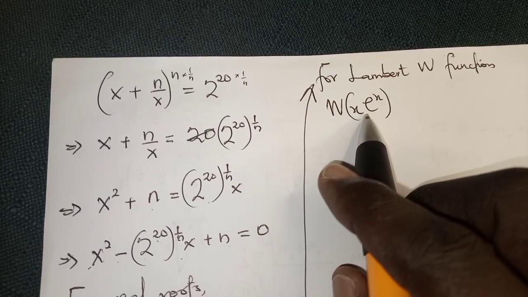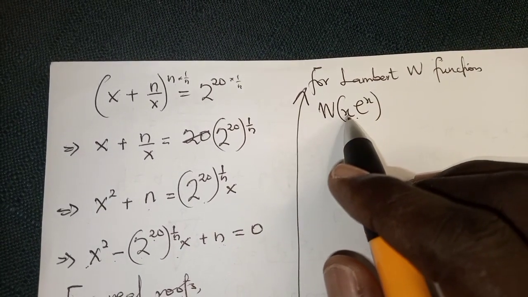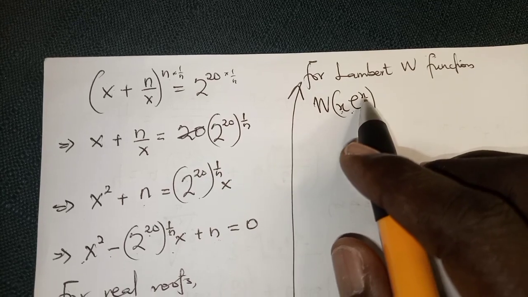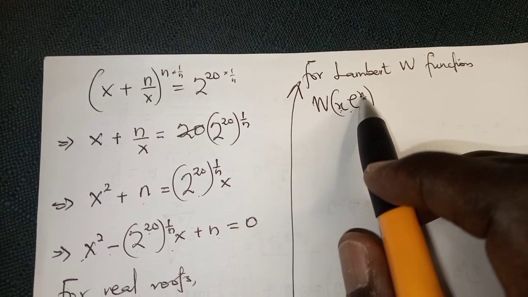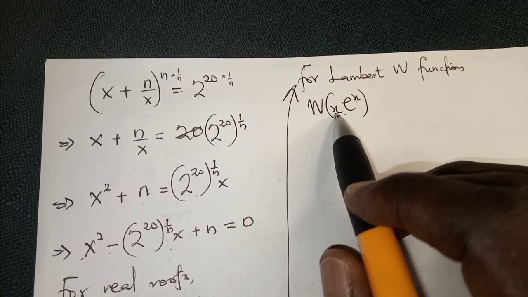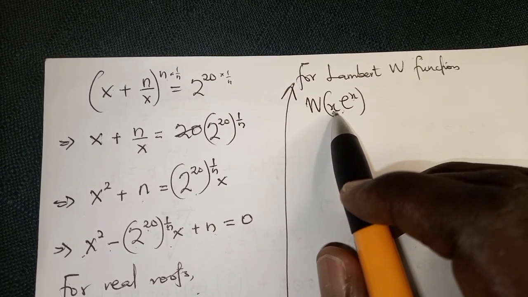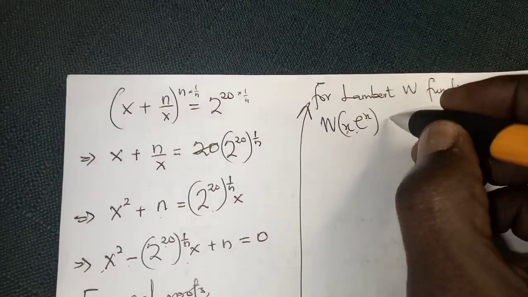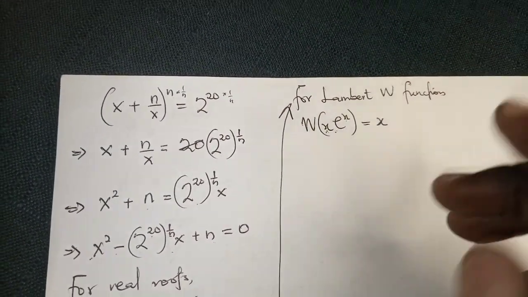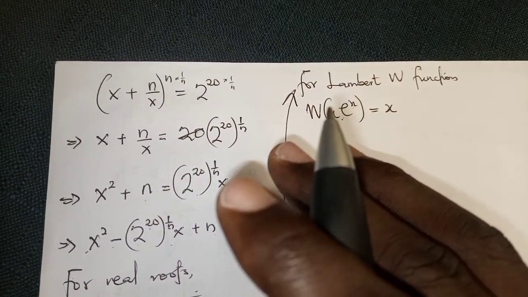It should be in this format so that you can easily solve. When you have x e exponent x, meaning the exponent value and the coefficient of the natural base e are the same, the result is still x.